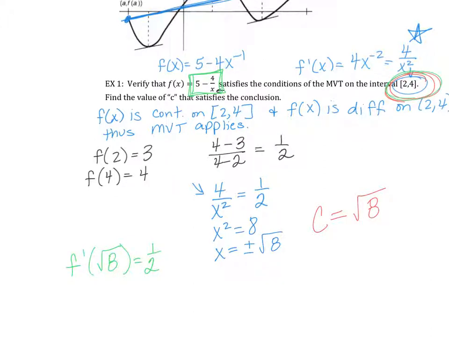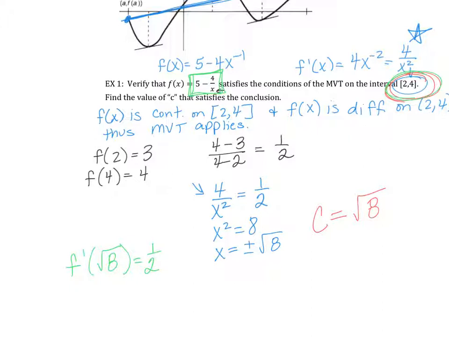The secant line on that particular interval. That's what it's saying. Okay? So that's how you use the MVT for derivatives.